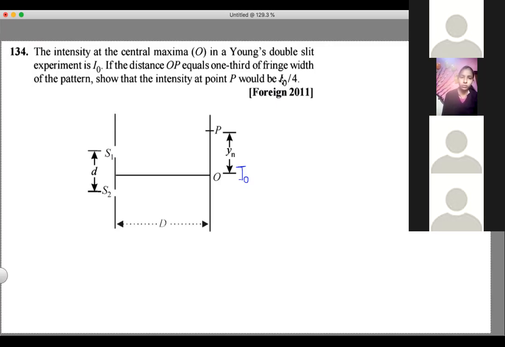How would we do this? This distance is 1/3 of fringe width.